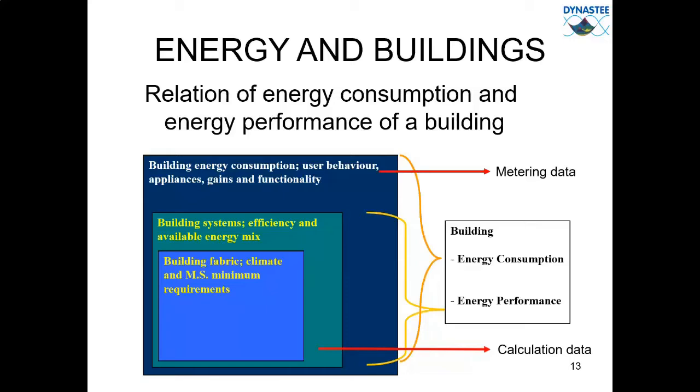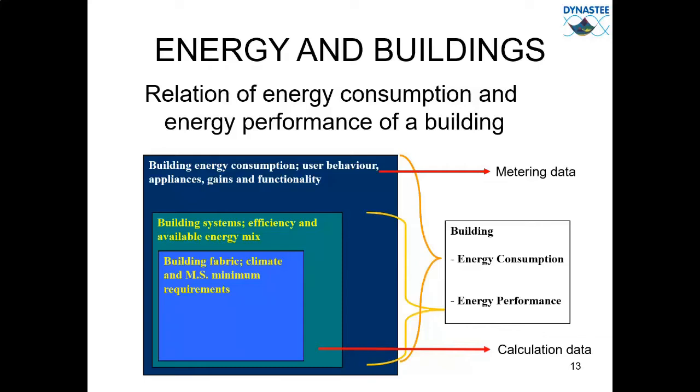If we look a little bit further at the big blue square, then we see that another energy consumption is important, and that is depending on the occupants, the behavior of the users, the appliances that can be found in the building, and of course its functionality. A hospital or a school is quite different from the building that we are living in.